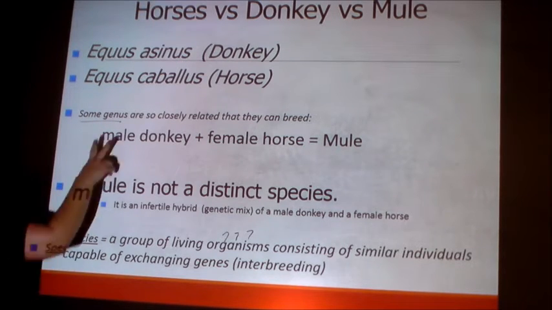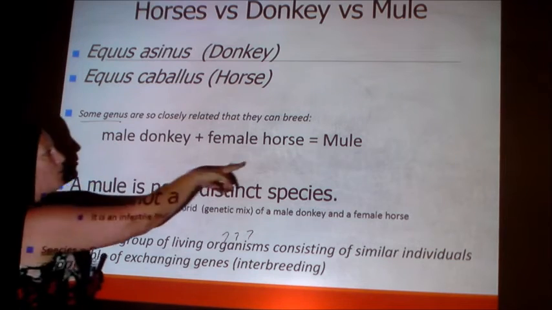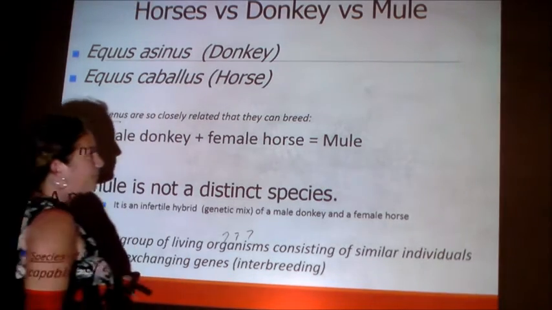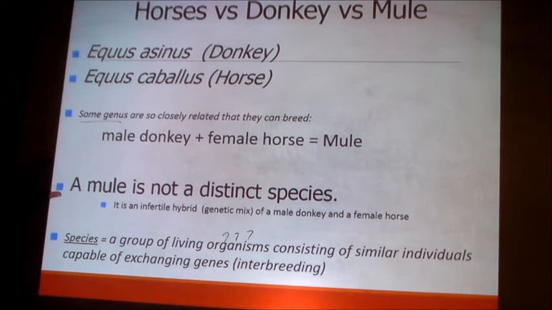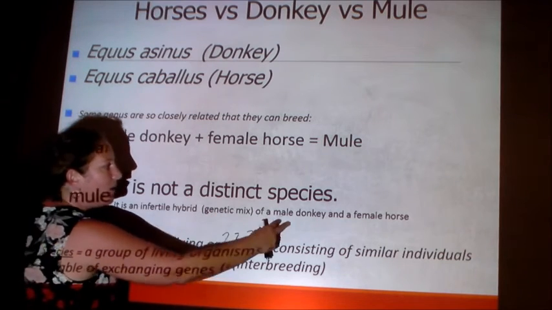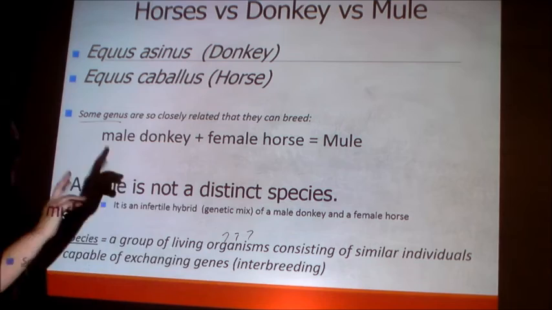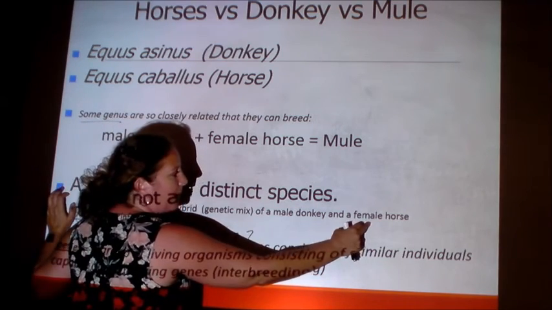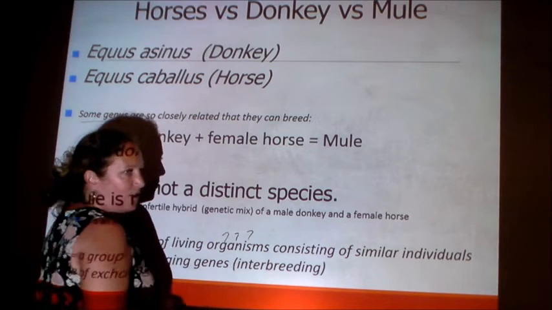For example, if I take a small male donkey and mate it with a larger female horse, you're going to get a mule. But a mule is not a distinct species. It's an infertile hybrid, so it's a genetic mix of a male donkey and a female horse. It can't be the other way around, because if he's bigger than her, the baby will grow bigger than her uterus and it'll kill her.